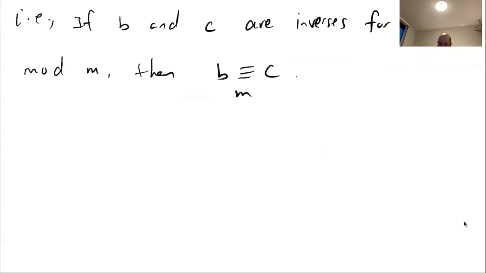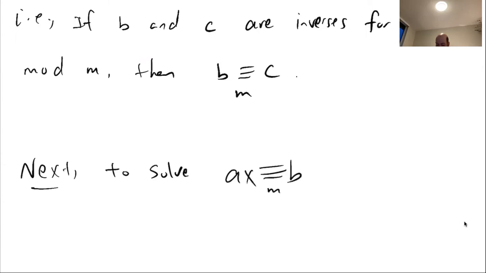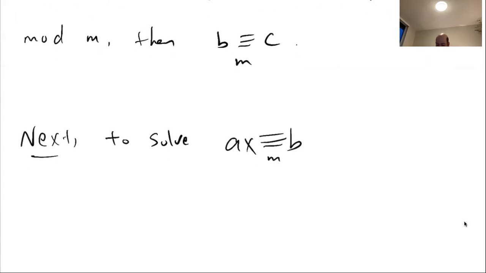Okay, then remember our goal was to solve AX congruent B mod M. How can we do this?